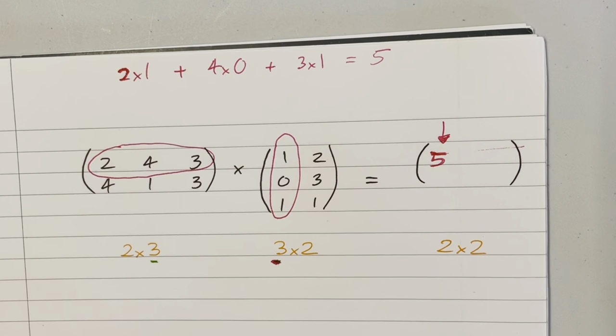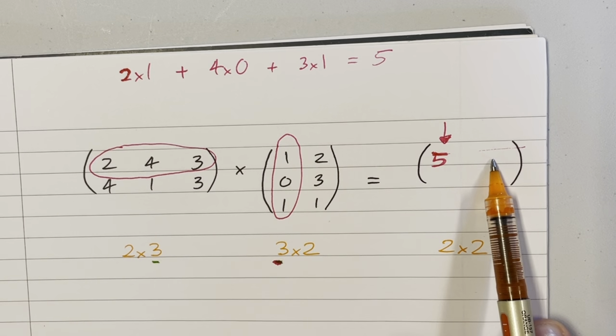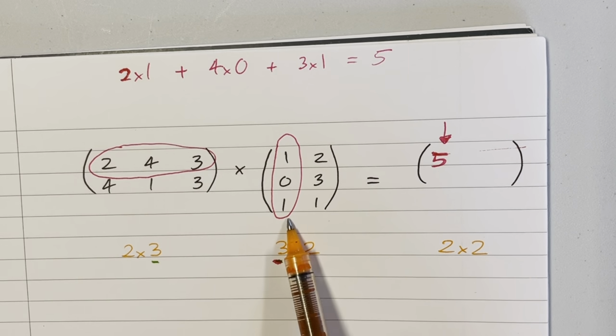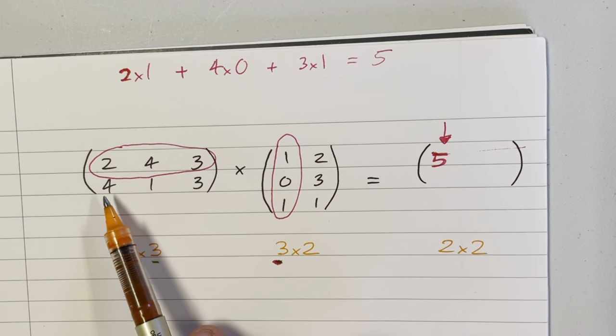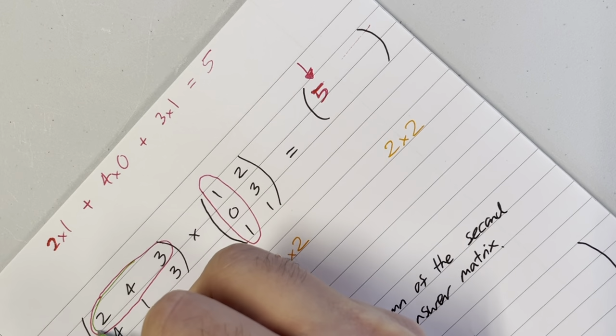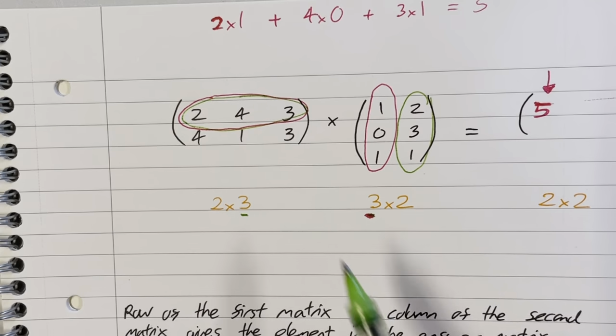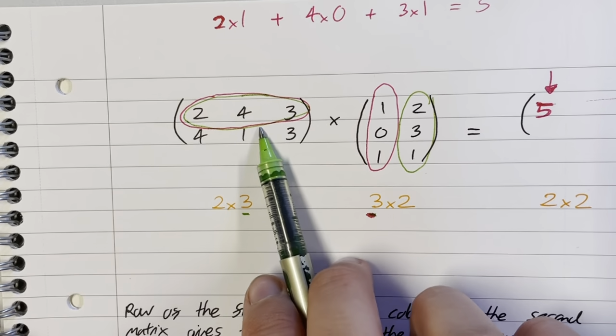And then we just repeat exactly that for the other 3 positions. So top row right column will give you the top row right column. Bottom row left column will give you bottom row left column, and bottom row right column will give you bottom row right column. Okay, that's fairly straightforward. So I'm going to circle these ones as well. Okay, so I've circled in green. We're still going to stick with the top row.